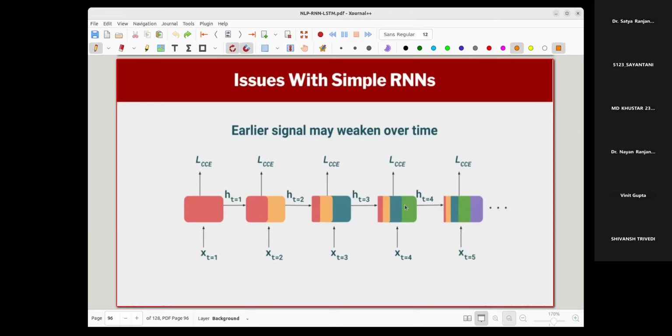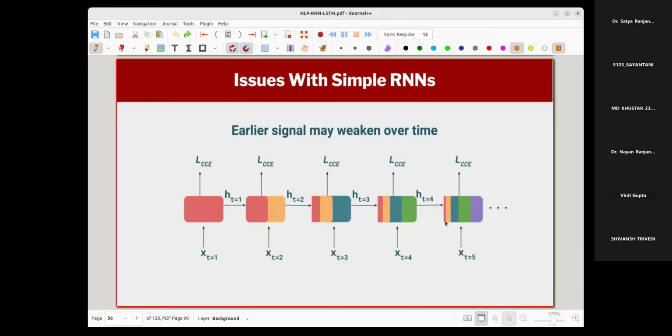So at each time step, we are just combining the previous information, which is passed through this recurrence, and the current information. Generally the current information share is more than all the previous. So as it goes on and on, you see this red strip is decreasing.